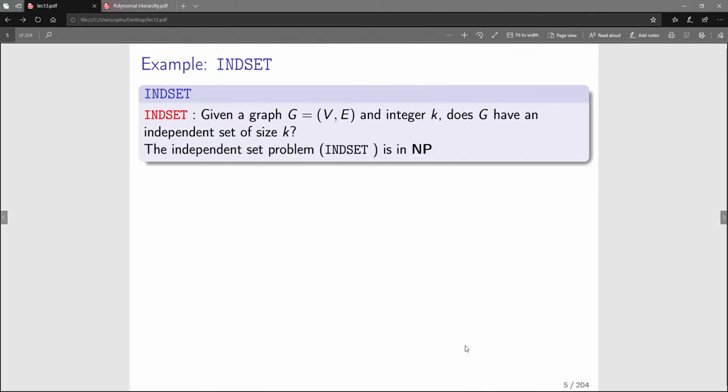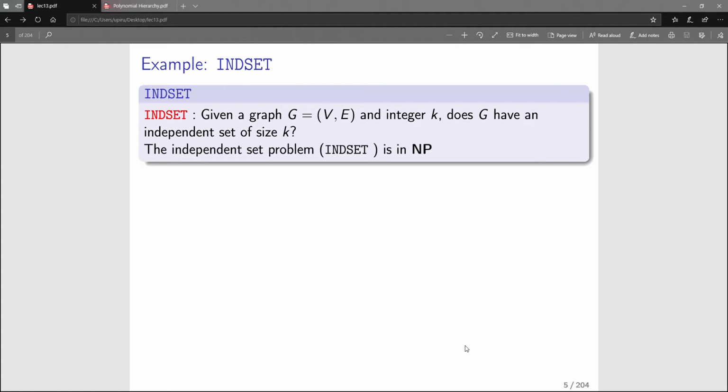So we take the example of independent set. What is the problem of independent set? You're given a graph G over the vertex set V and edge set E, and an integer K. You have to decide, does G have an independent set of size K? This problem is clearly in NP because you can have a vertex set S of size K and quickly verify whether that vertex set S is an independent set or not.